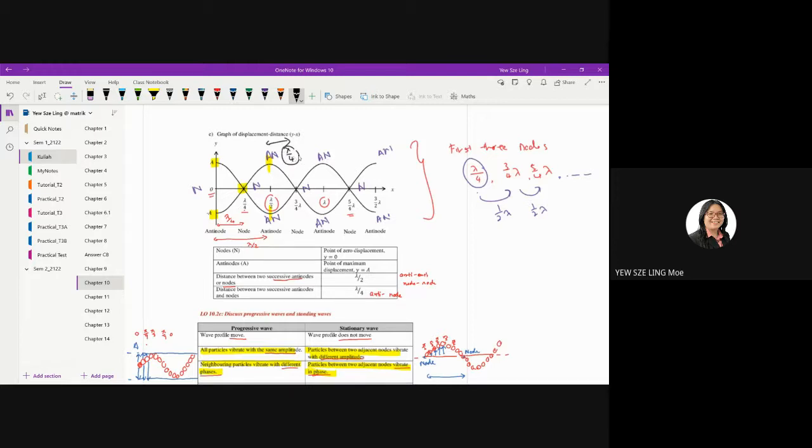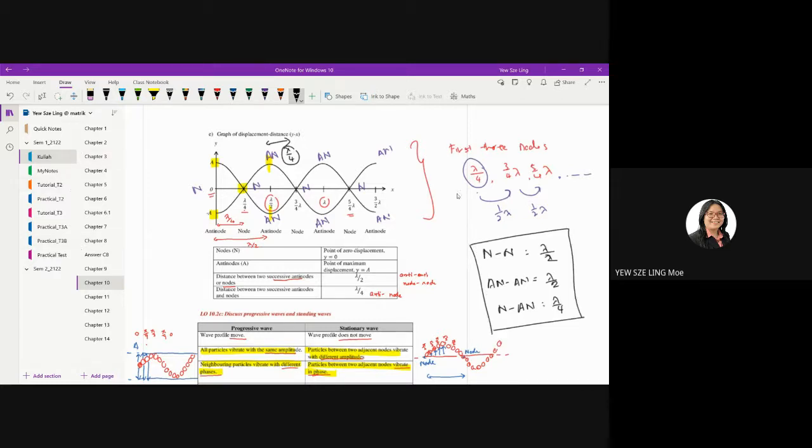The distance between two consecutive nodes, let's say node and node, the shortest distance between them is lambda over 2. Whereas the distance between two consecutive antinodes is also lambda over 2, but the distance between a consecutive node and antinode is just lambda over 4. So this is the information that you need to know.